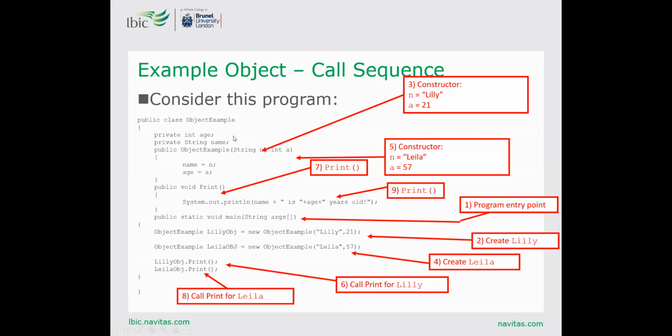We're going to see that we do have the constructor, we do have methods, and we do have some objects and classes in here. So first of all, we define a class, which is public class, and the name of this class is ObjectExample.